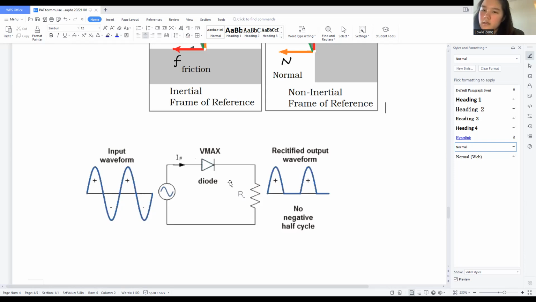But in the past papers, I noticed they asked this question two times. So just know the diode is an electronic device. The current can go along this arrow direction. The current cannot go backward.